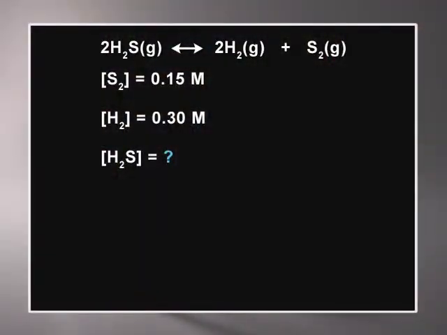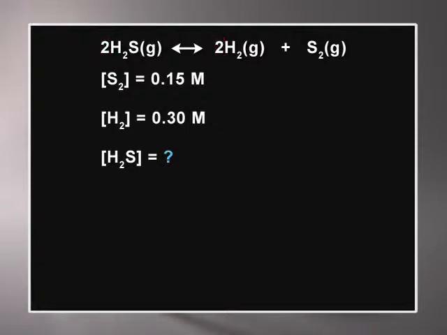There are a few ways to reason this out. I think the easiest is just to recognize that the coefficients of H2S and hydrogen are the same. They're both 2. This means that the number of moles of hydrogen produced and the number of moles of H2S consumed will be the same.